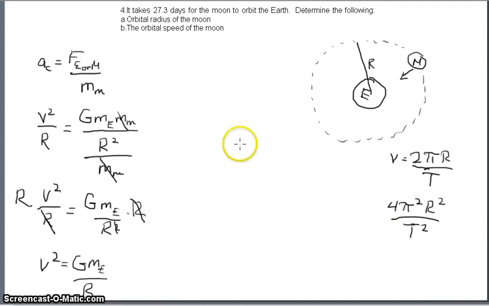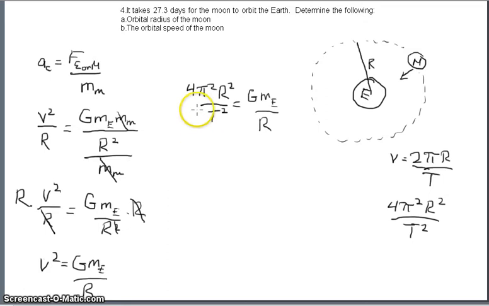And since I have no room, I'm going to bring all this information up in the middle of the page here. So it's going to be 4 pi squared R squared divided by T squared is equal to G mass of the Earth divided by the orbital radius.